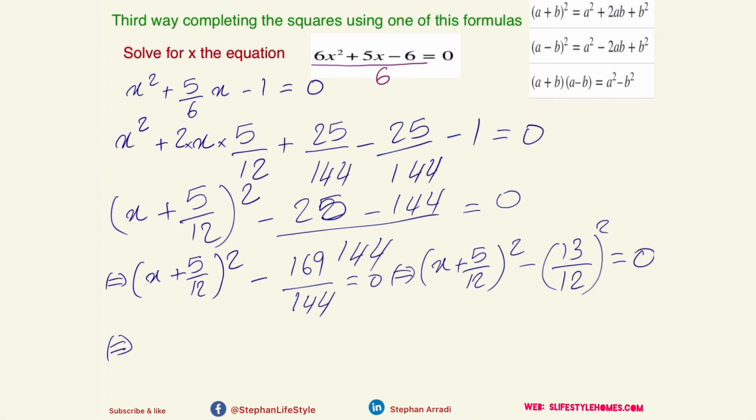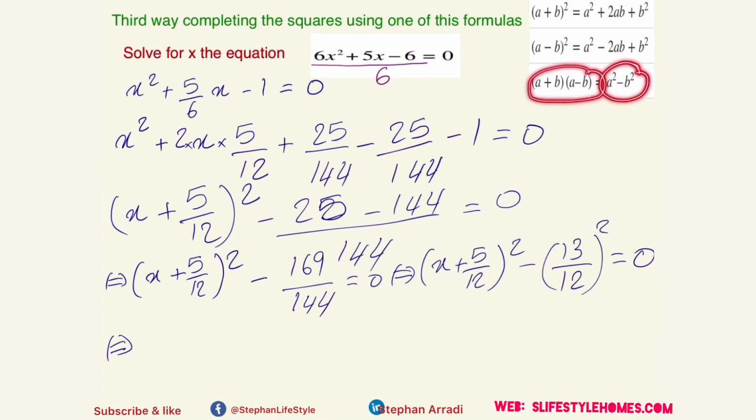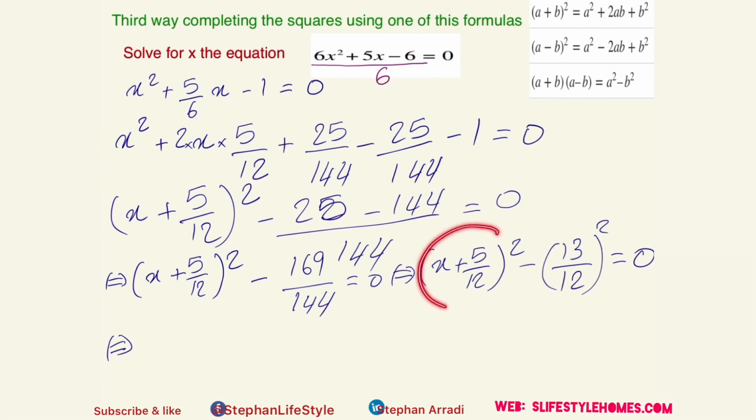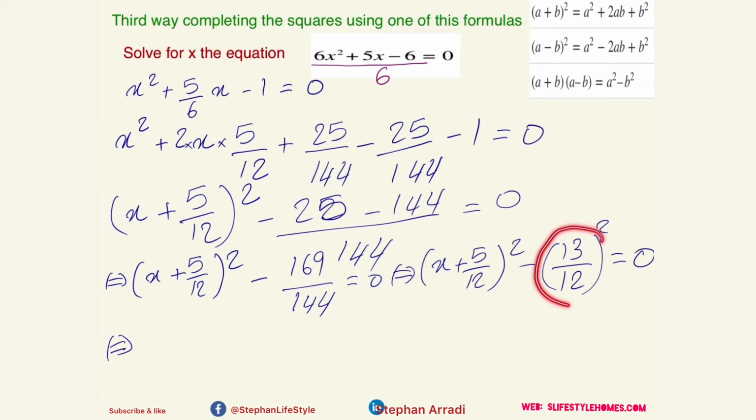So as we see here, this formula is similar to the third one here: a square minus b square gives us a plus b times a minus b. So let's take it from this form and convert it to this one here. So what are we going to have here? This is a square, and this is b square.